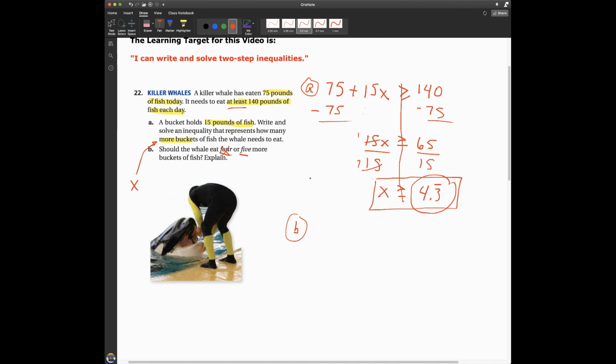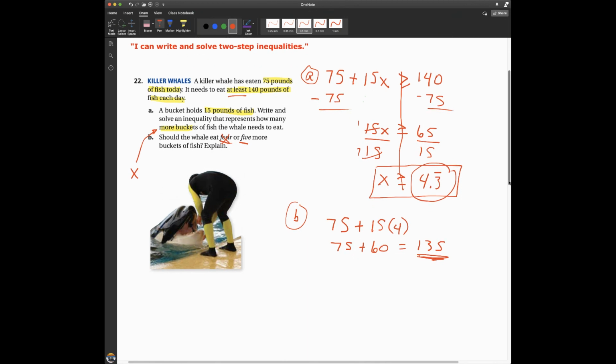If the whale eats 4 more buckets, I could take 15 and multiply it by 4. That equals 75 plus 60, which is 135. So if the whale eats 4 more buckets of fish, it has only eaten 135 pounds of fish.